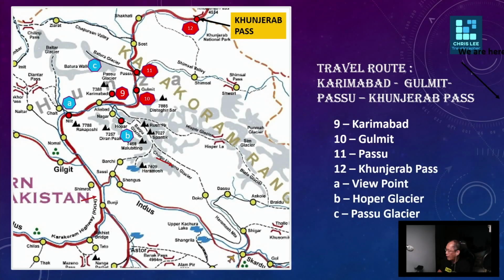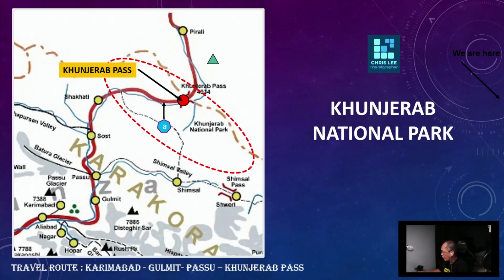So now we have covered quite a fair bit of this. Now we go to the next part of our journey. After crossing this Hussaini suspension bridge, we go on to the Khunjerab Pass. But before we are able to reach Khunjerab Pass, we have to pass through the Khunjerab National Park, right?